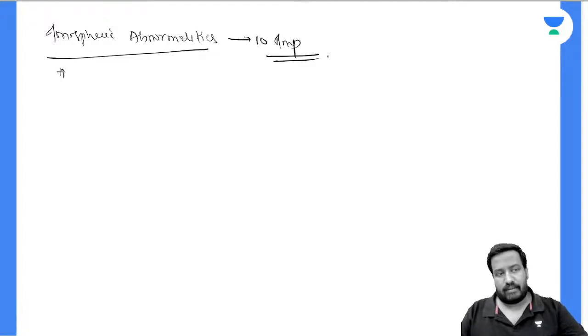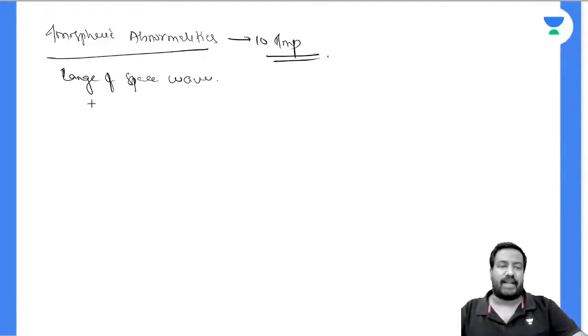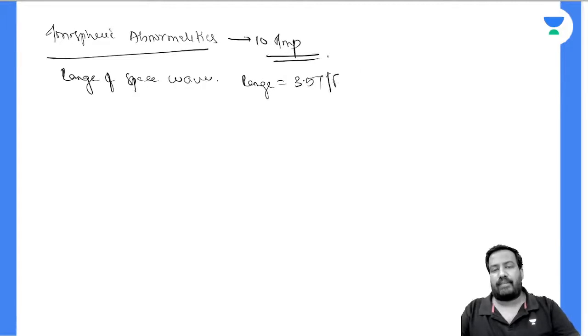We derived range of space wave propagation, which we got as 3.57 under root of HT plus under root HR kilometers. HT and HR are height of transmitter and height of receiver antennas in meters and range in kilometers. So range is 3.57 under root HT plus under root HR kilometers.